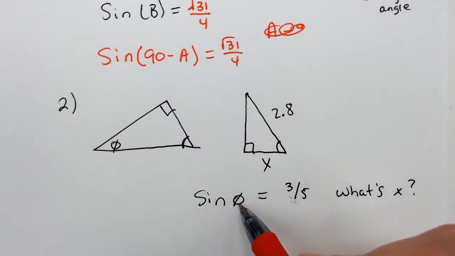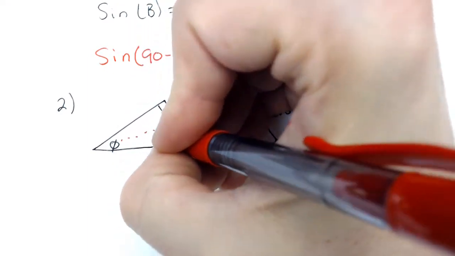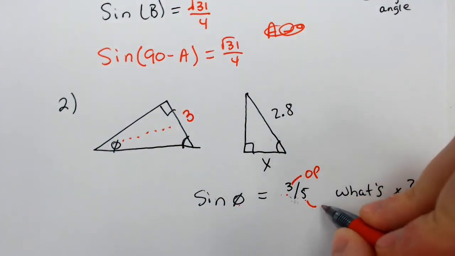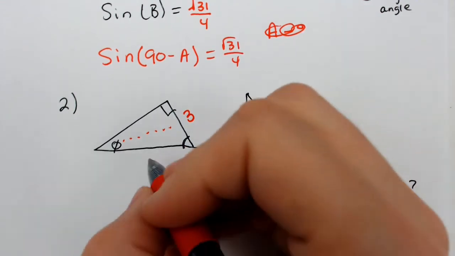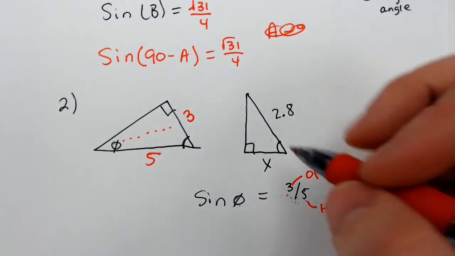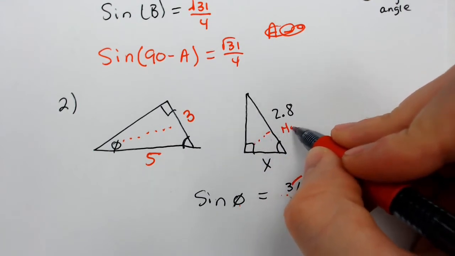So the first thing I'm going to do is fill in my 3 and my 5. If I go across from the theta, I get my 3 because that's the opposite, and this is the hypotenuse. And then this would be the 5 across from the right angle. With that information in tow, I can do the same thing here. I can go across from that, that's my hypotenuse.